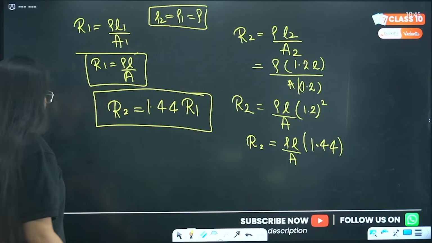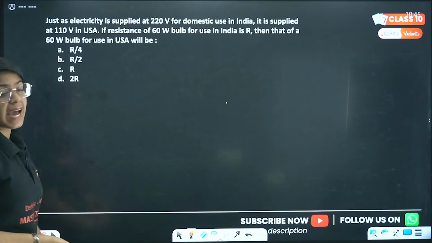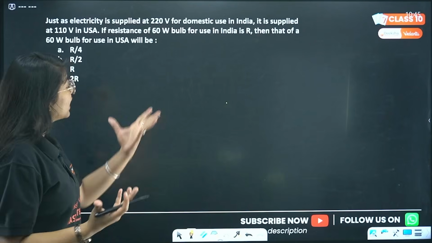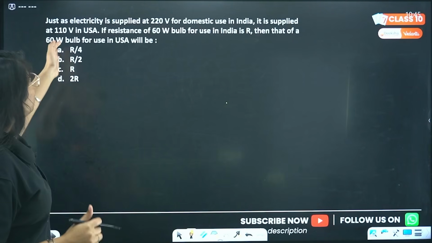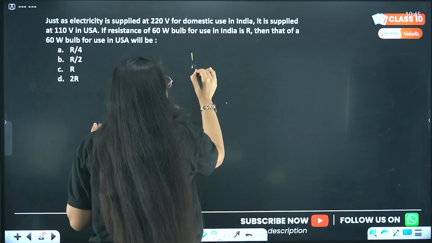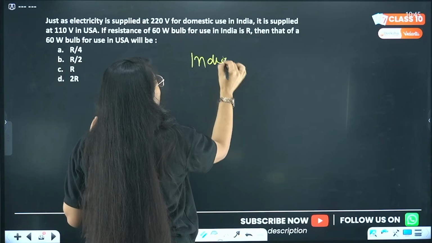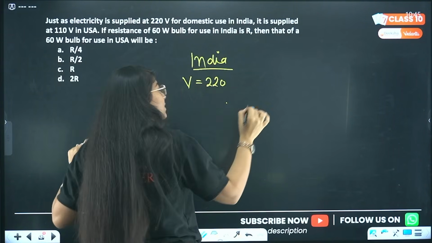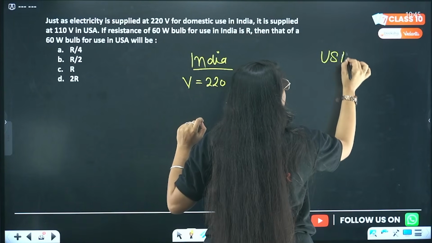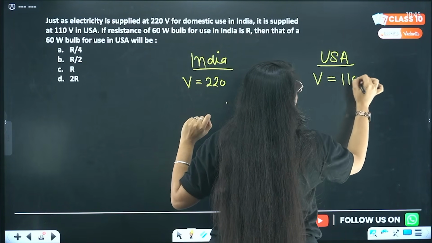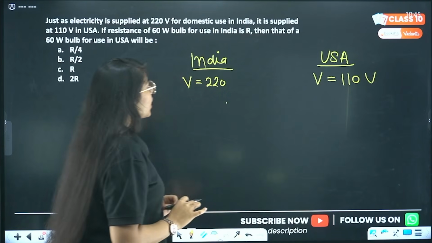Okay, let's move on to the second one. Just as electricity is supplied at 220 volt in India, it is supplied at 110 volt in USA. So they're saying, just as we know in our households we get voltage as 220 volt, but in USA the government gives them a potential difference of 110 volt, correct?